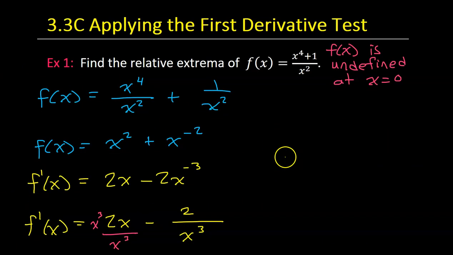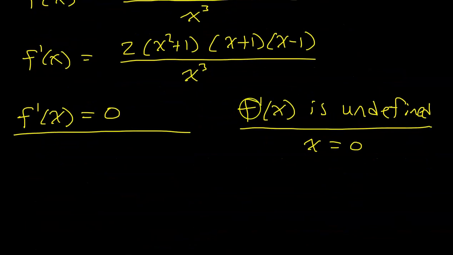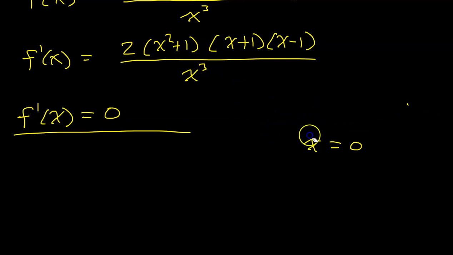However, right from the beginning, I pointed out that 0 is not in the domain of the original function. So if you have a value at which the original function is undefined, that can't then be a critical value. The original function is already undefined there. So the one value that we might have gotten where the derivative is undefined can't be used.